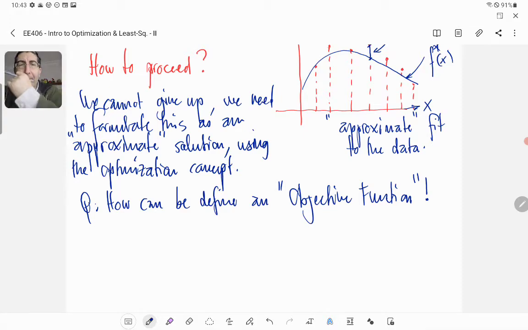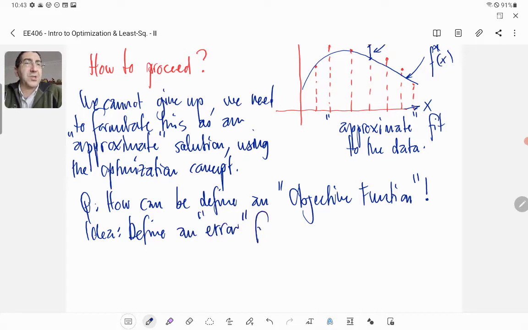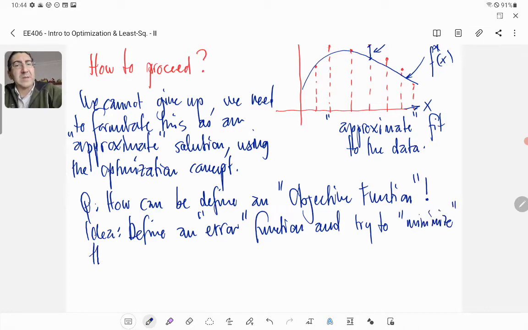Okay? So the idea is to define an error function and try to minimize that error. When I say try to minimize that error, what I mean is try to find the alphas that would lead to the minimum error.